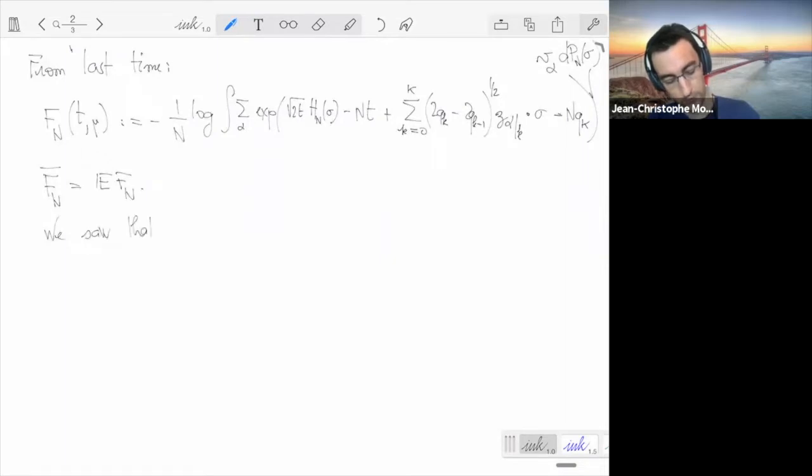We saw two things. First, something we already saw a long time ago: when we differentiate with respect to t, for the SK model, there's only one type, the derivative is the square of the overlap.